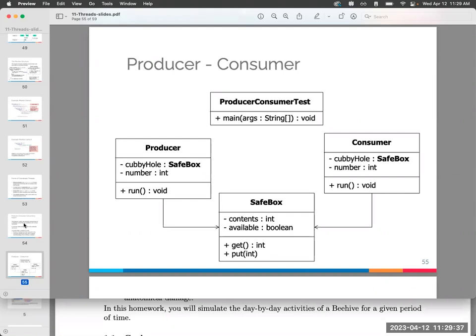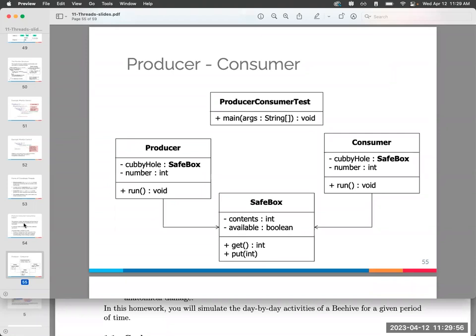The consumer can come, and if the safe box has an item, then it can retrieve that item, right? But if the safe box is empty, it will not be able to do anything, because it will try to get something from a safe box that is empty, right?